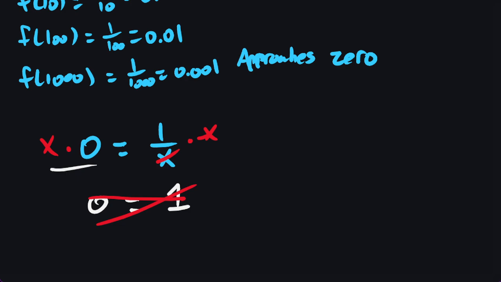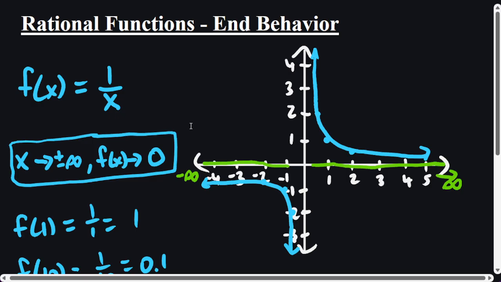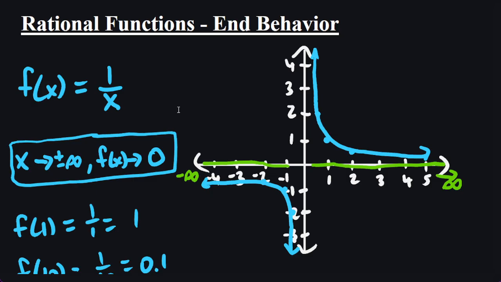So it would be impossible to solve for x when f of x equals 0. So that's the important thing to realize when talking about the end behavior with rational functions. It approaches 0 when you go to positive or negative infinity, but it never actually gets to 0.